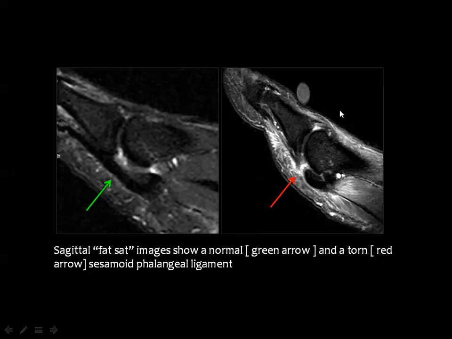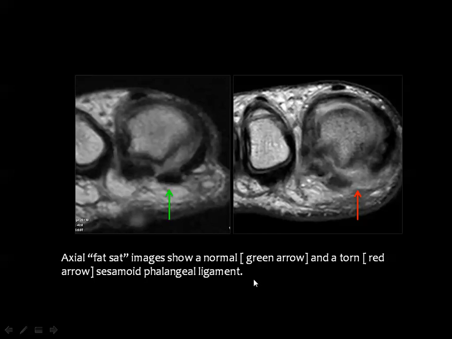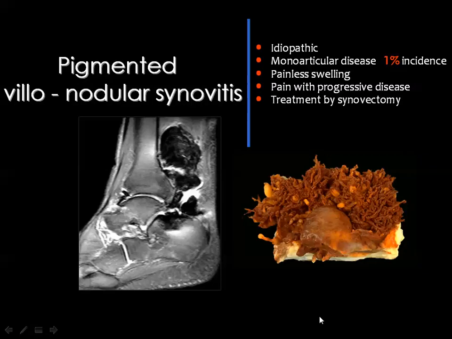And you should have the coronal images in order to see which sesamoid ligament has ruptured, to differentiate between the medial and lateral one. Like this here, you can see this is the normal appearance of the ligament, and this is rupture of the medial sesamoid phalangeal ligament.